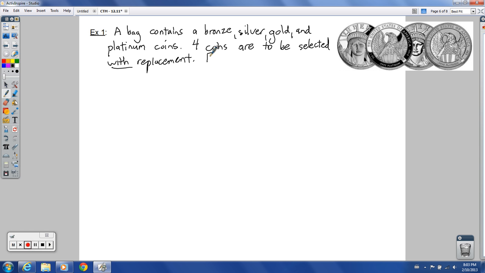So let's do this. Find the probability that, part A, no platinum coins are selected.